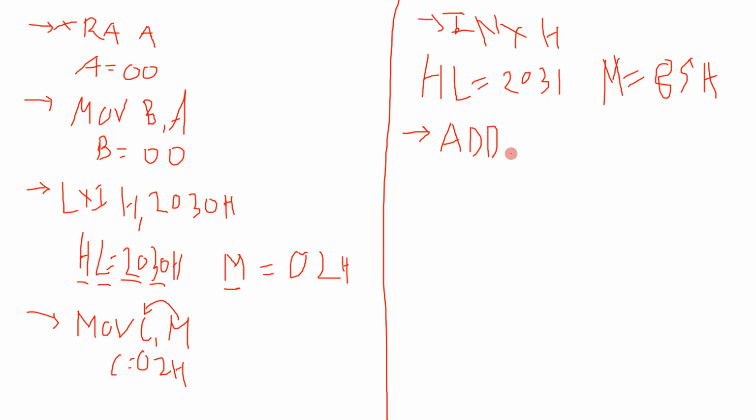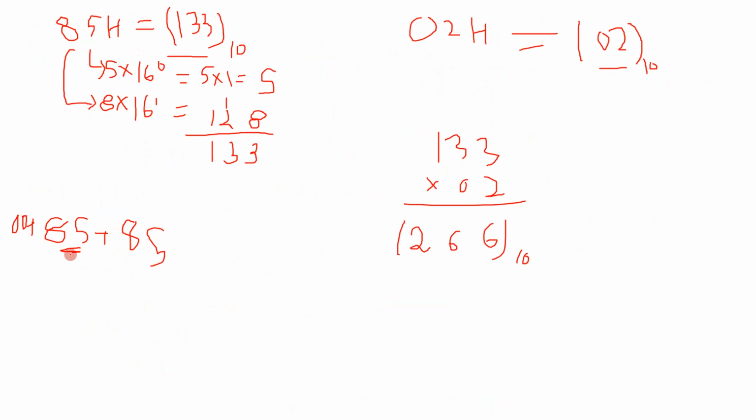ADD M. Add instruction means A is equal to A plus M. First, I wanted to add this 85 with 00.